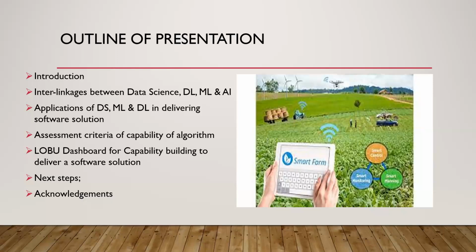And then we shall have a light open blended university dashboard for capability building to deliver a software solution, after you have built capacity, where you want to build capability. Then we shall have next steps and acknowledgement.